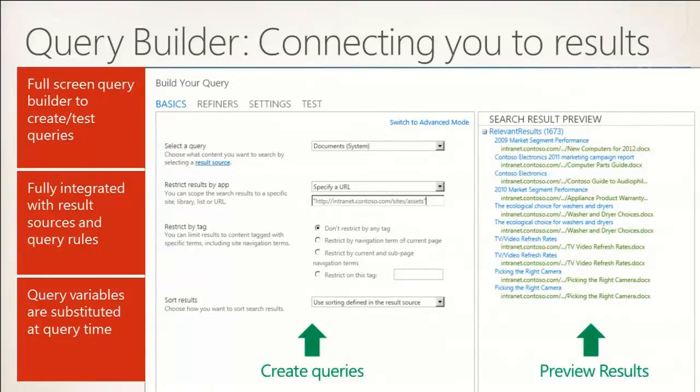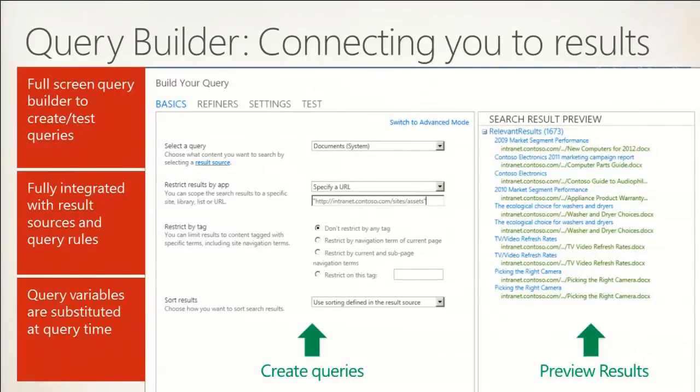It's fully integrated with the result sources and query rules, which are the new search concepts that we introduced in SharePoint 2013. Result sources are basically similar to search scopes in SharePoint 2010, but they are a little more capable than search scopes. And then query rules are a great way to interact with your results and then manipulate them in the way that you find valuable.